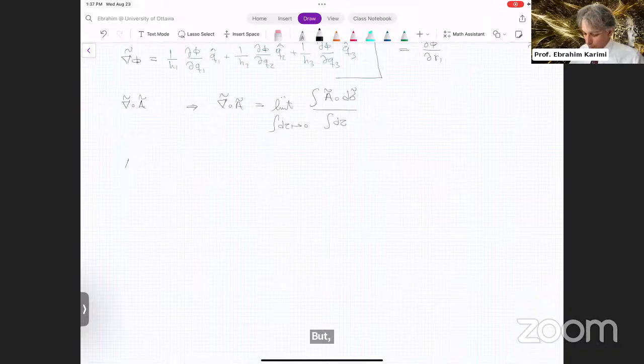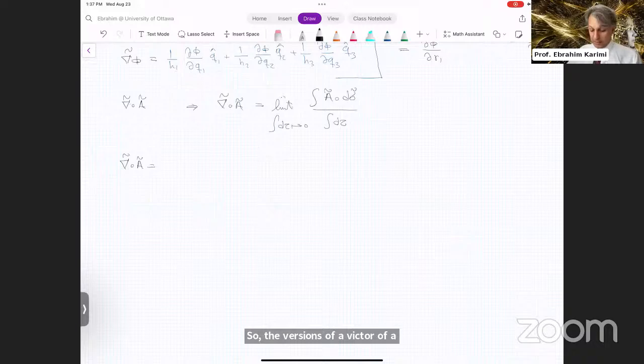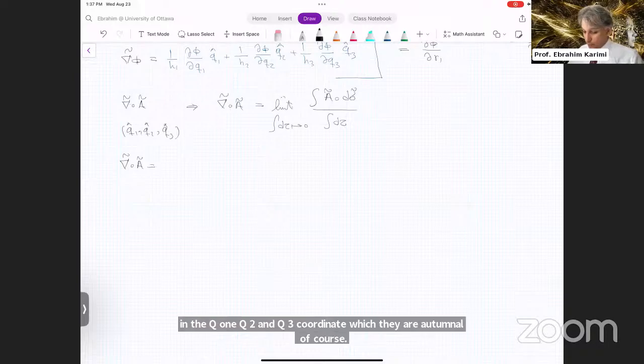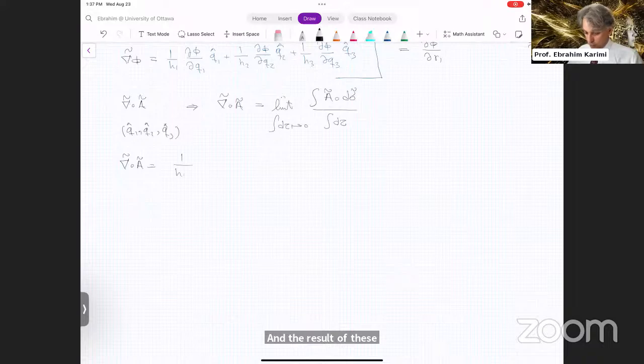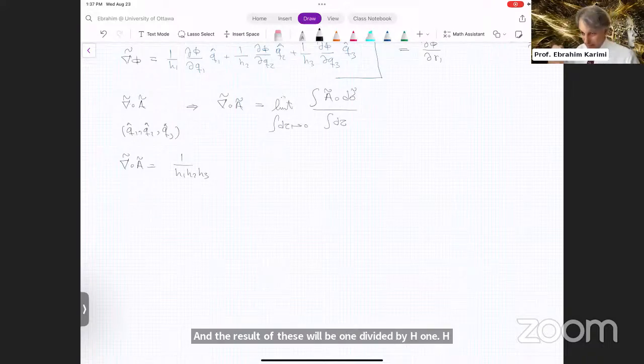So the divergence of a vector A, which I'm now writing in Q1, Q2, and Q3 coordinates, which are orthogonal, of course, will be 1 divided by H1, H2, and H3. By the way, I don't memorize things, and I'm looking at what I have written just before the lecture.